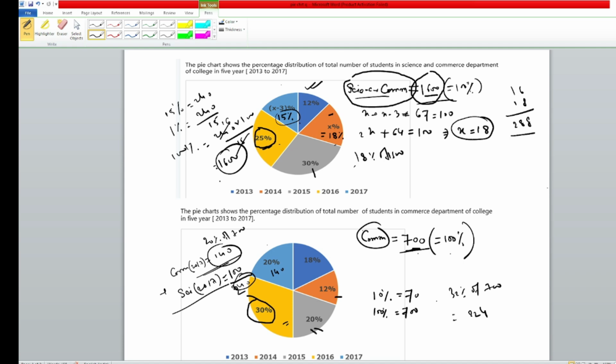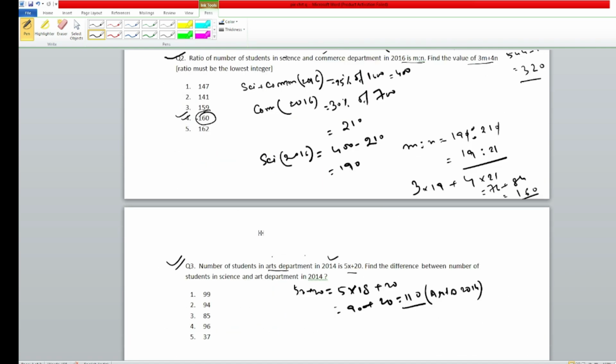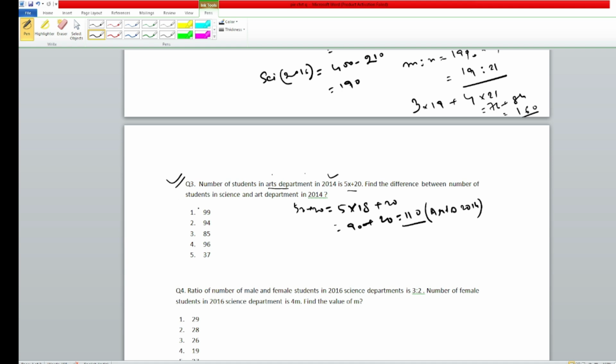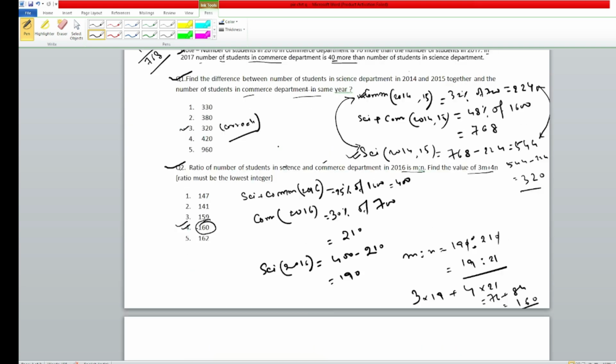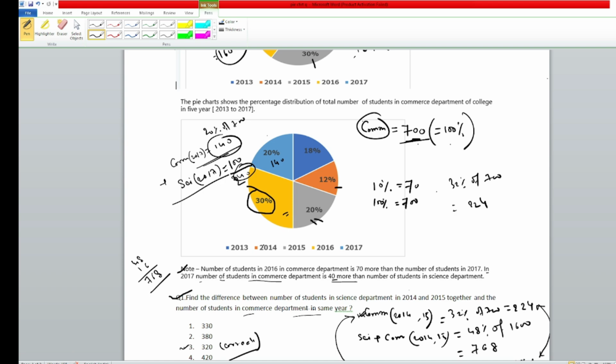So the number of students in science plus commerce in 2014 is equal to 288, and only commerce in 2014 is represented by 12%.